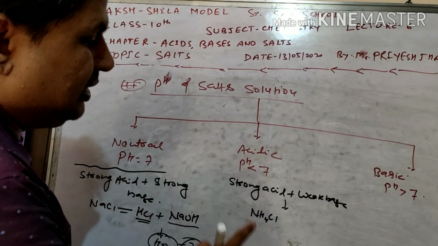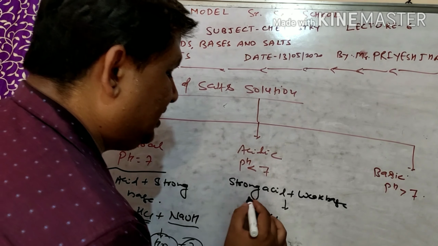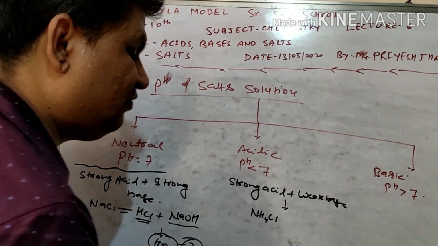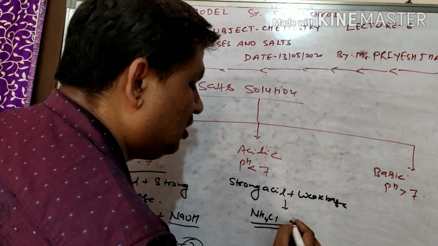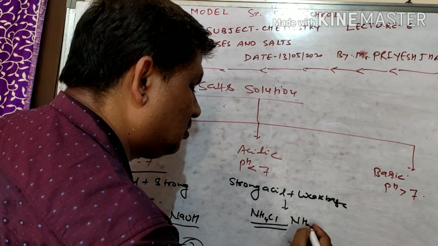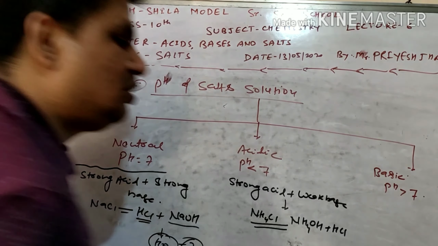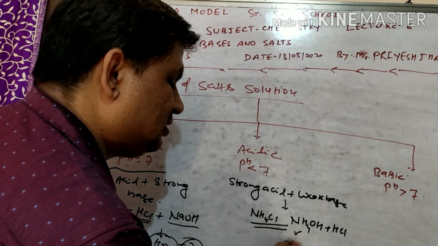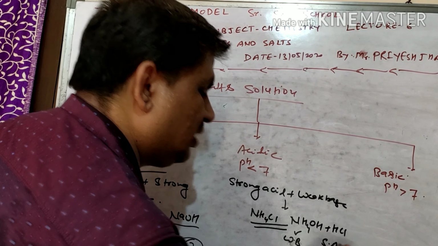Ammonium chloride generally has pH less than 7 because it is a combination of a strong acid and a weak base. For example, ammonium chloride is generally formed when ammonium hydroxide and HCl are combined. It is a weak base and it is a strong acid.